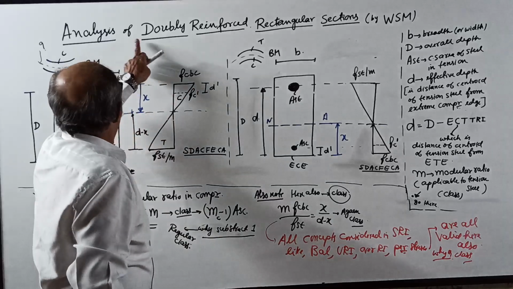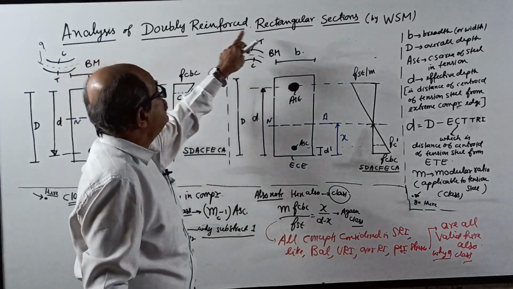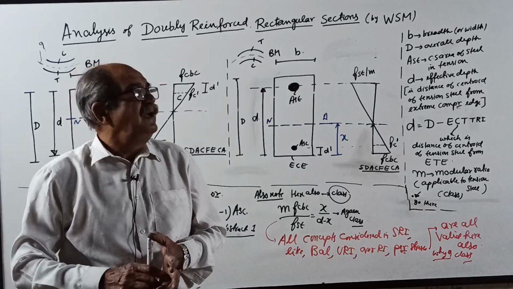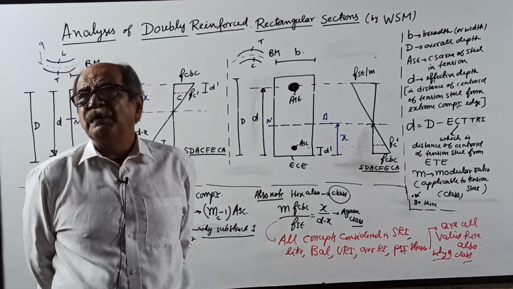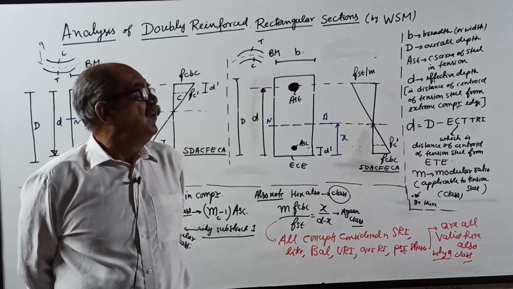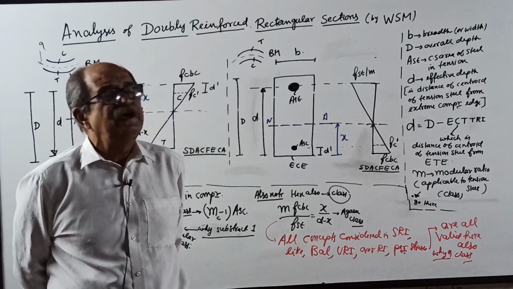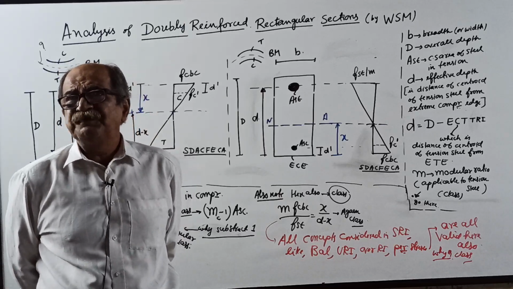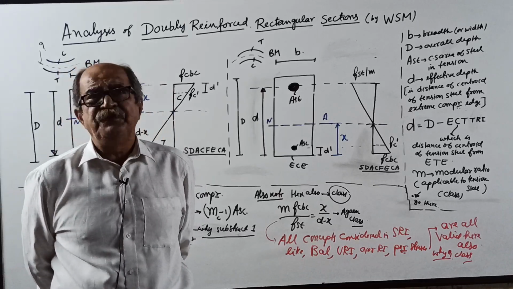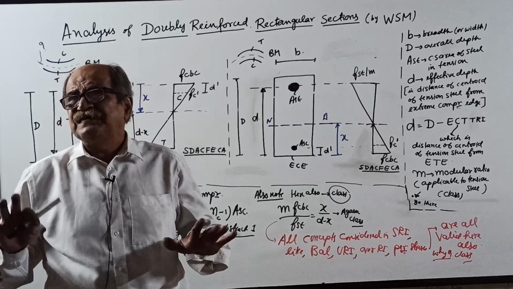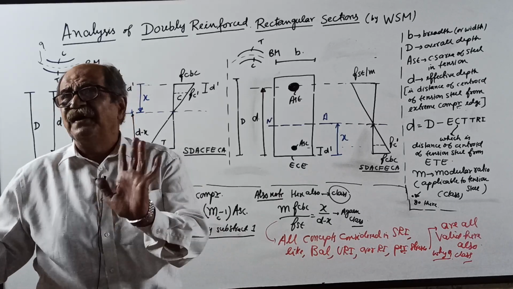Okay. Analysis of doubly reinforced rectangular section by working stress method. Remember the principle of why a doubly reinforced section is required, and also the basic equations or derivation of the expression for M in terms of stresses, location of neutral axis, etc. Everything is covered in the regular class.